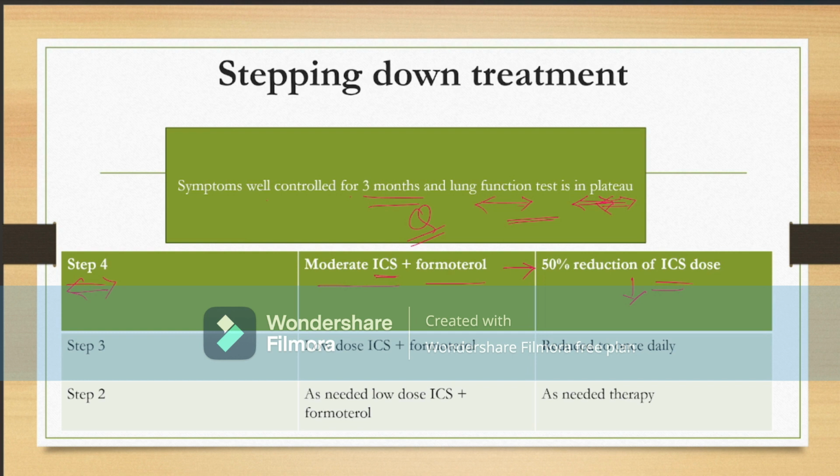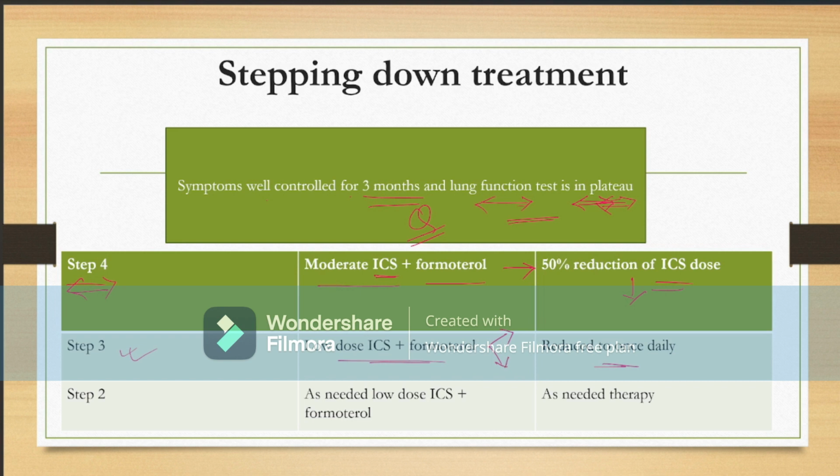Now if the patient is on step 3 therapy, that means low dose steroid with formoterol, then we reduce to once daily dose. Firstly, we have to give twice daily dose in any patient.